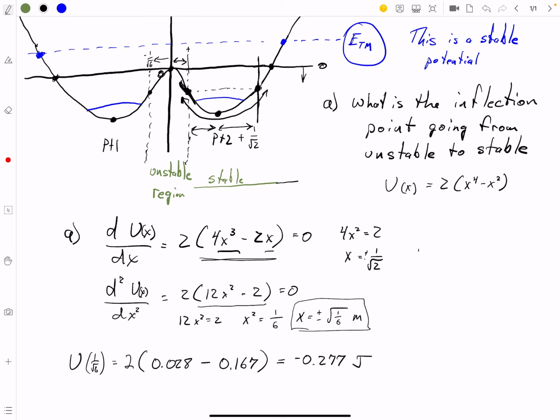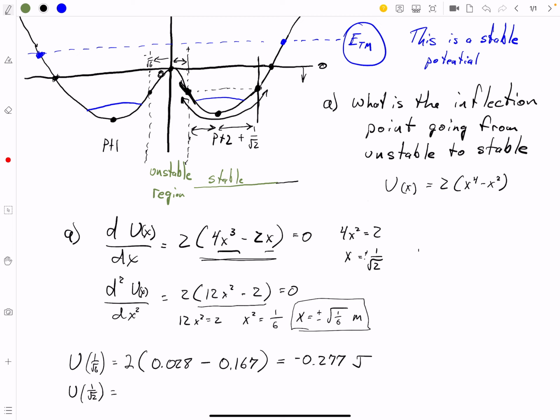Here's what I think. Let's find out what our energy is at point 2. So our energy at point 2 is 1 over square root of 2.